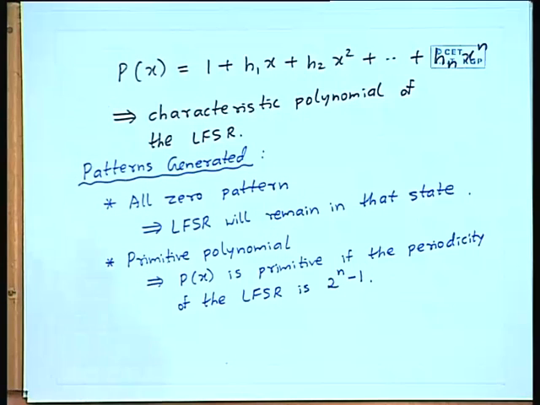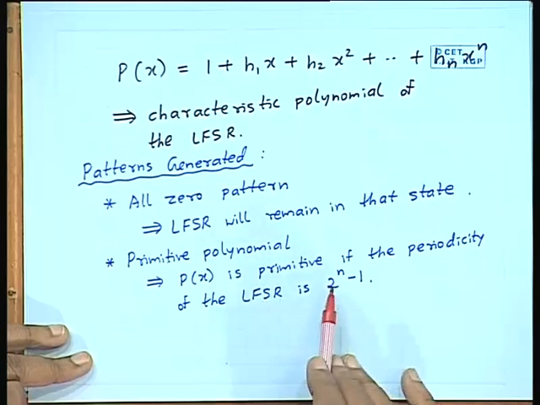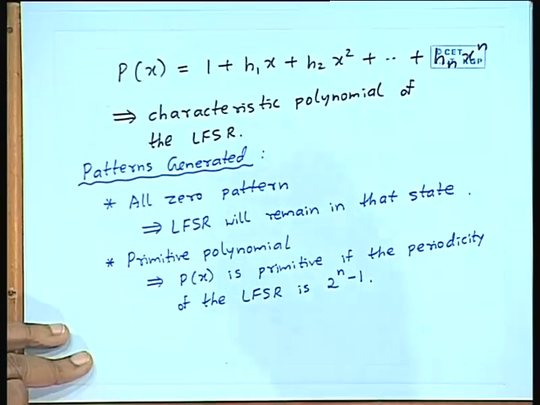Well, what do you mean by this? Now, we have an n bit LFSR. So, an n bit register potentially can be in 2 to the power n possible states. Now, out of the 2 to the power n possible states, we have just said that all 0 state is ruled out. Once it gets into all 0, it will remain there.